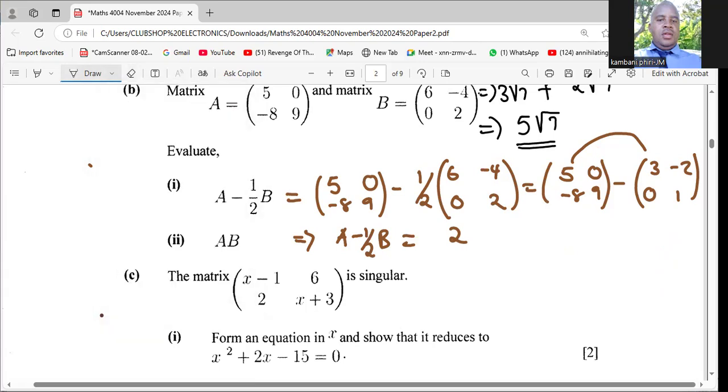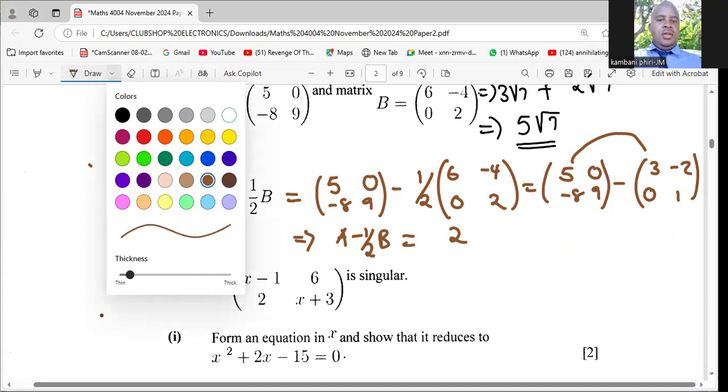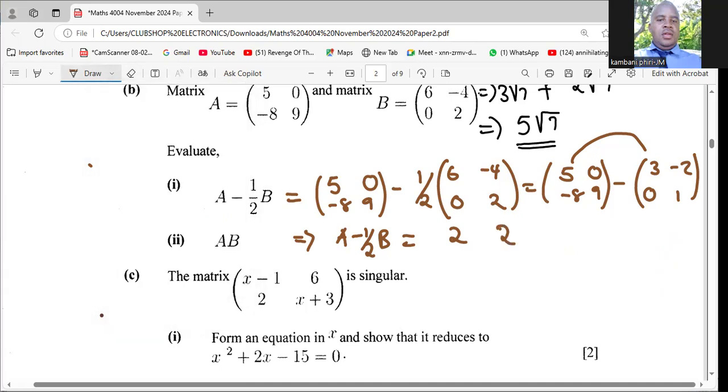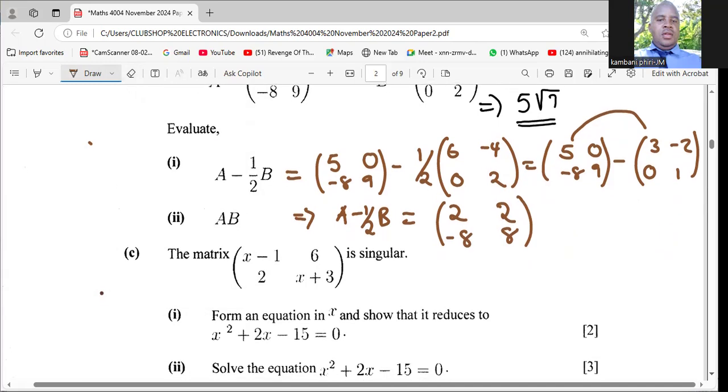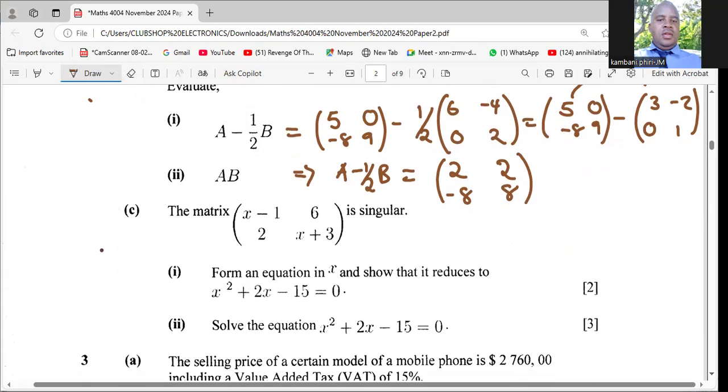So here, 0 minus negative 2, we have 2. The negative 8 minus 0, that's negative 8. 9 minus 1, that is 8. This is what we are going to have. Okay, that's it.